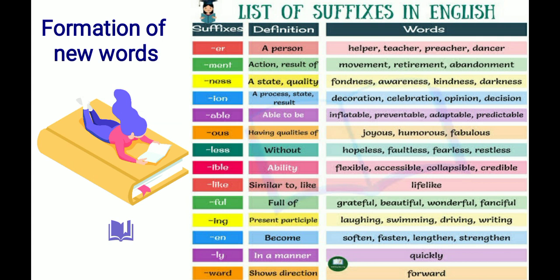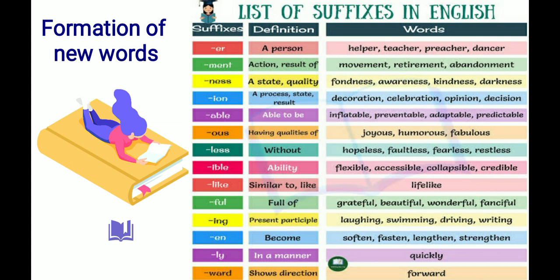One more thing, hopefully you have noticed the spelling of drive, DRIVE. And when we add suffix ing to drive, we omit the E of drive and add ing. That means the new spelling will become DRIVING, driving.